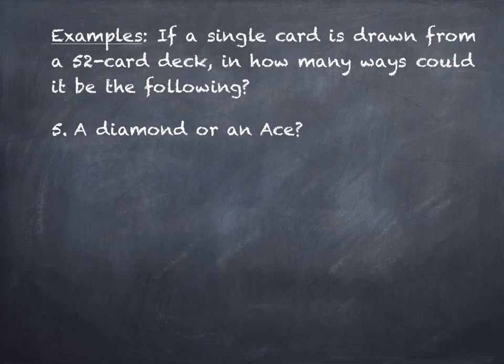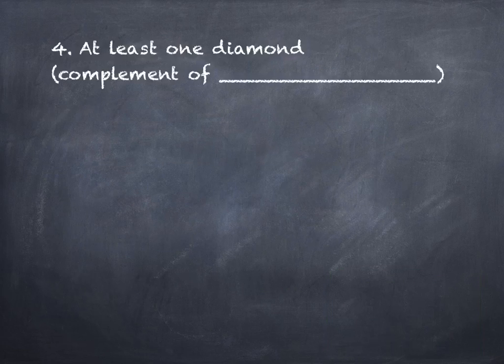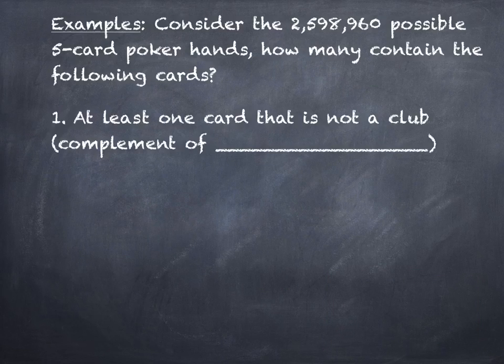So we're just talking about the description right now. I know we haven't talked about this section yet, but look at the first part of the description. Consider the 2,598,960 possible 5-card poker hands, and how many contain the following cards? Okay, ignoring the 2 million number here. What's the big difference between these two descriptions?